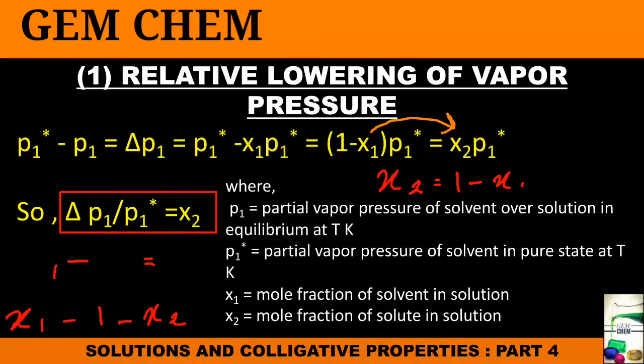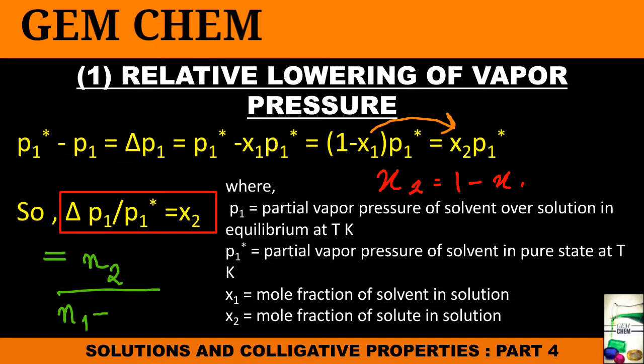We can also write it like this, if we try to elaborate it. Here this X2, the mole fraction, is the number of moles of solute divided by the number of moles of solute plus the number of moles of solvent.